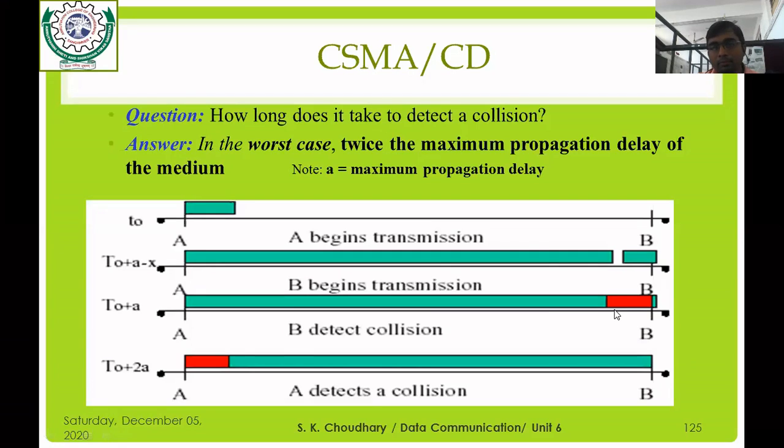The collision occurs and B detects the collision. And after T0 plus 2A time, A detects the collision because A would not know immediately. It would take some time because the frame has propagated a long distance. So A is here the maximum propagation delay. So what is the maximum time it would take? Twice of A. Okay.